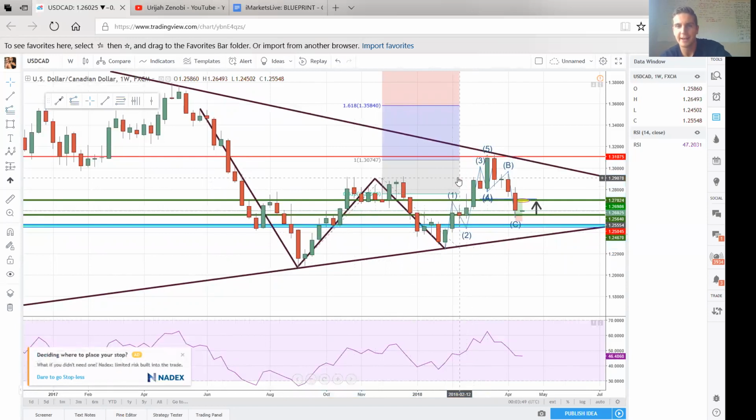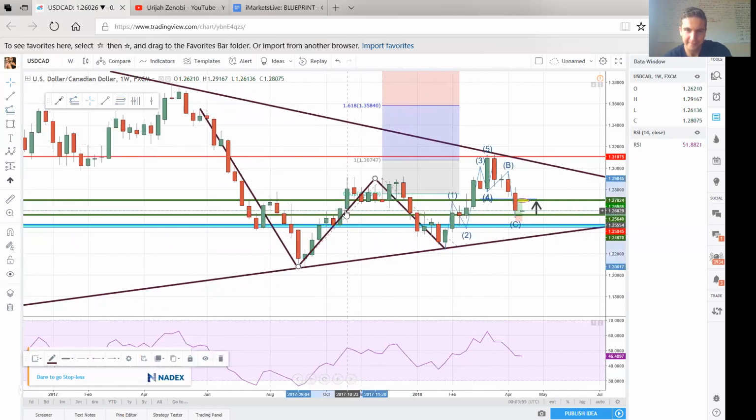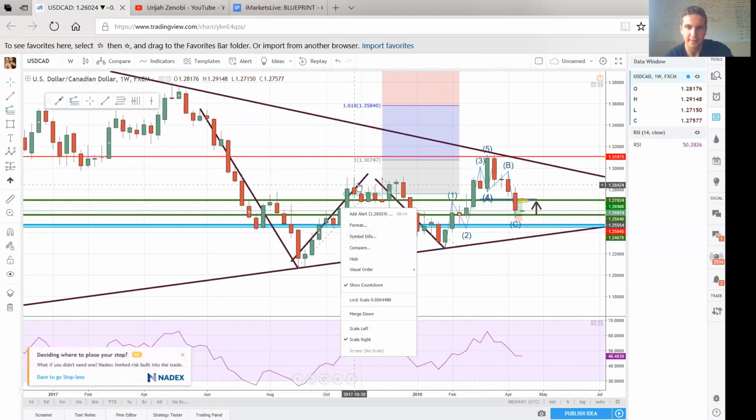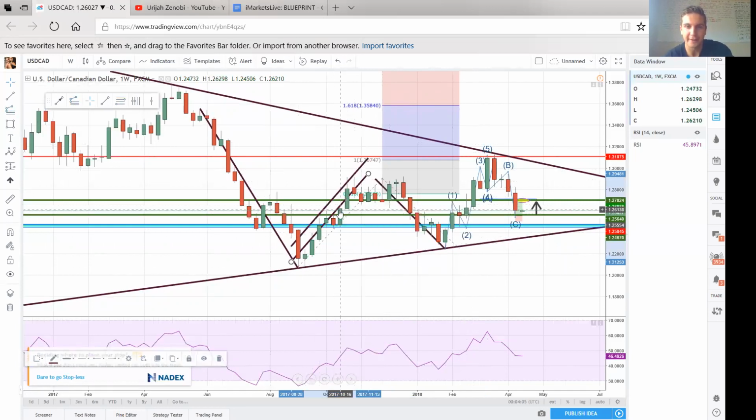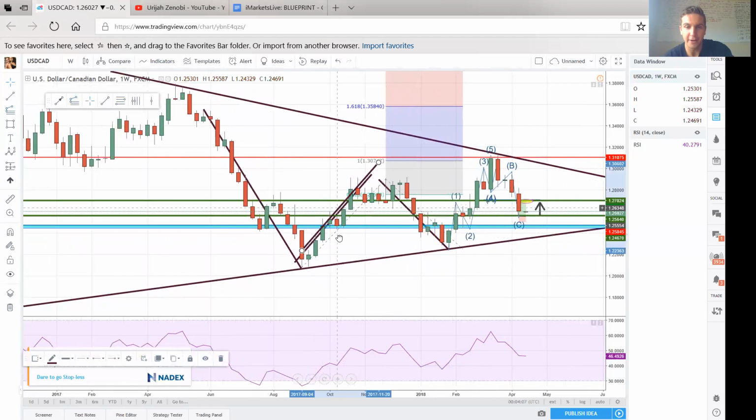All right, so this move here, I'm going to clone it. And let's see. All right, there we go. So clone my move here, and I don't even know how many pips this is up, but bring it to right around here, and look at that, almost identical, guys, on this ABC.